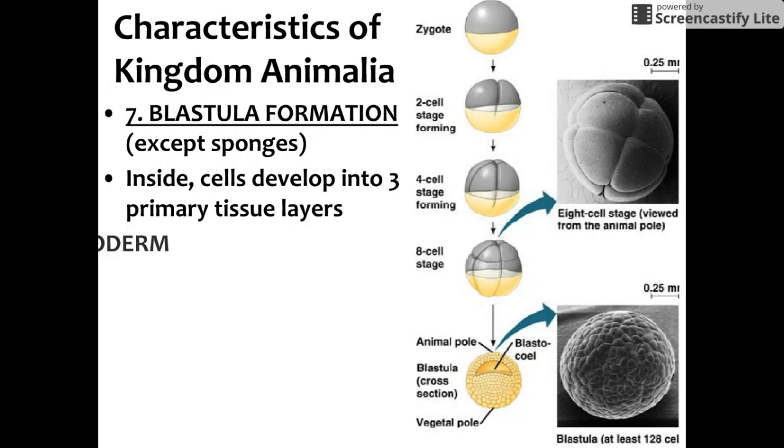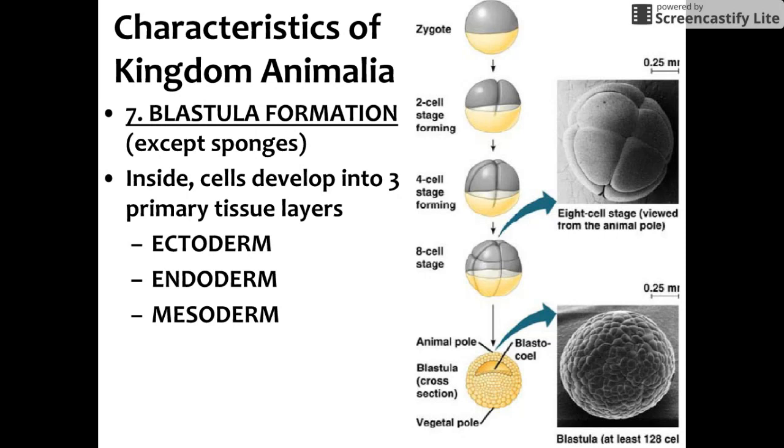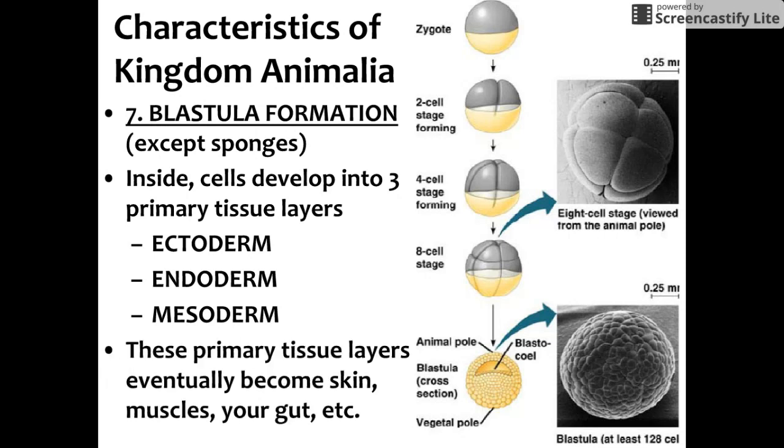Within that blastula, the cells begin to differentiate, and we call those the primary tissue layers. There's the ectoderm, the endoderm, and the mesoderm. We're going to talk more later about those layers specifically. But these primary tissue layers or germ layers are basically your ancestral cells that you had early on in your embryonic development while you were forming in your mother's womb.